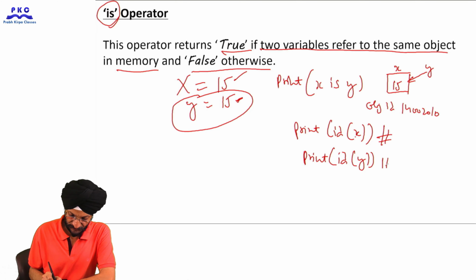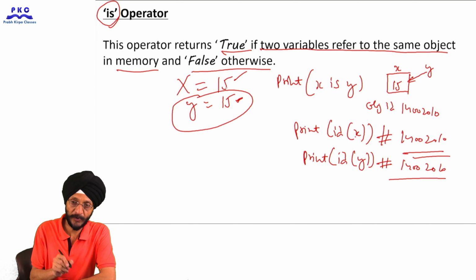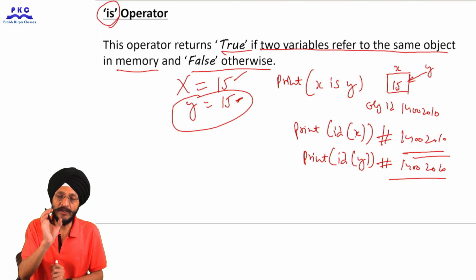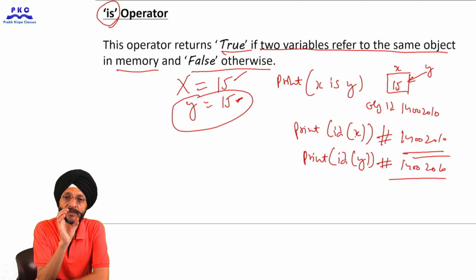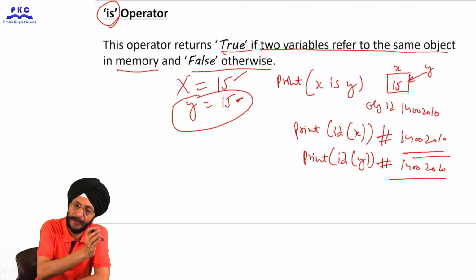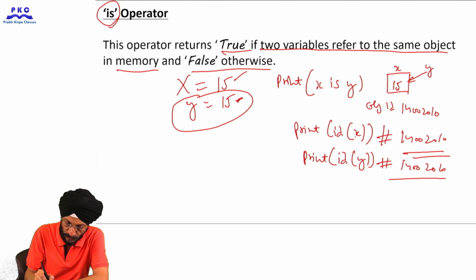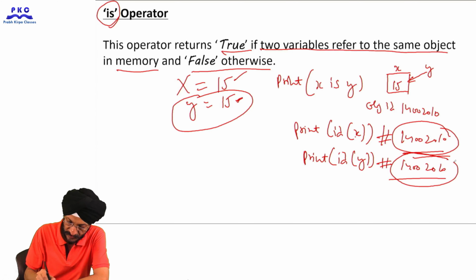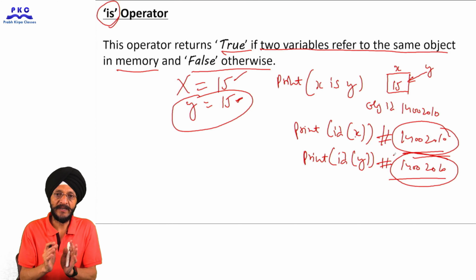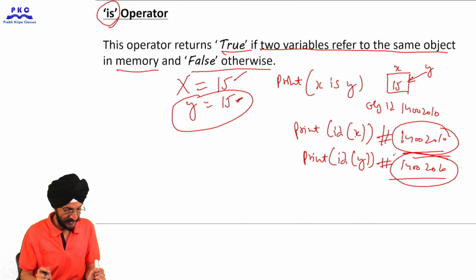When we find the output, it will be something like this. In both the cases, the object id will be same because the value or the object 15 is stored in a container named x, and y is also referring to the same object in memory. The memory location of both the objects, that is 15, is same. The memory address in case of x and y is same.